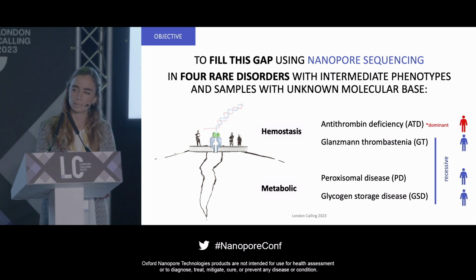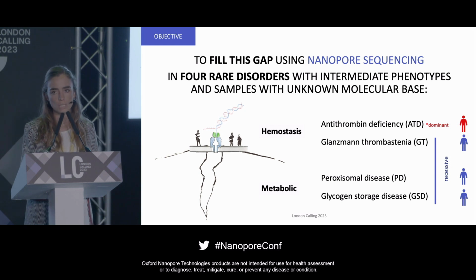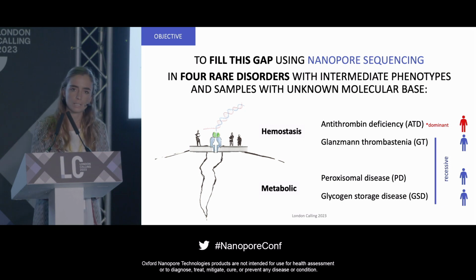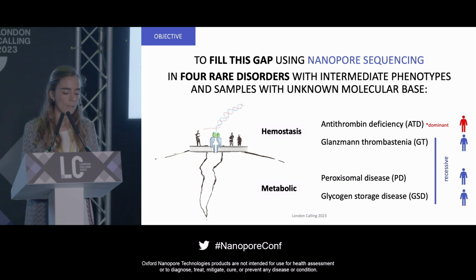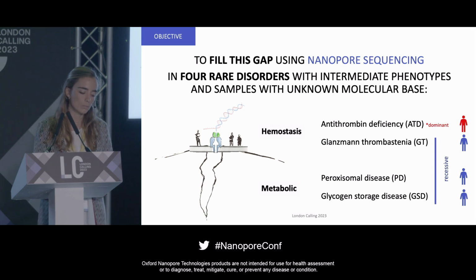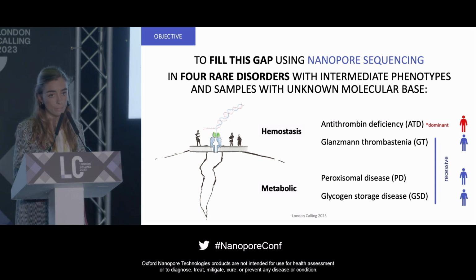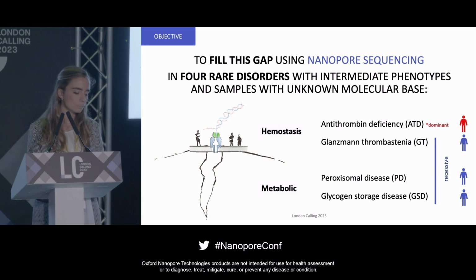Two hemostatic disorders: one of them antithrombin deficiency, which is dominant and increases the risk of thrombosis, and on the other side of the hemostasis balance, Glanzmann thrombasthenia, which increases the risk of bleeding. And 2 metabolic disorders, peroxisomal disorder and glycogen storage disease. These last 3 disorders are recessive.